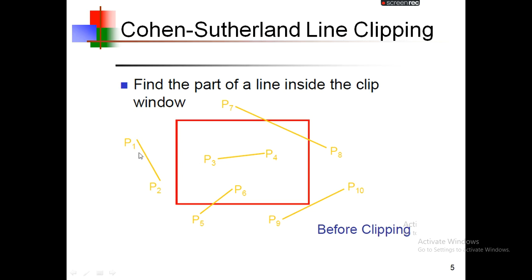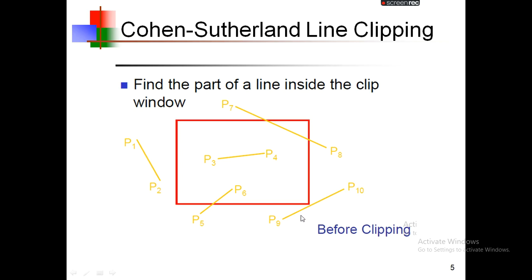I am discussing the first line segment, P1 to P2. When both endpoints of the line segment lie outside the clipping window, we need to clip this line segment, which means we need to reject it. So no need to display this line segment on the screen of the monitor. This is one case.